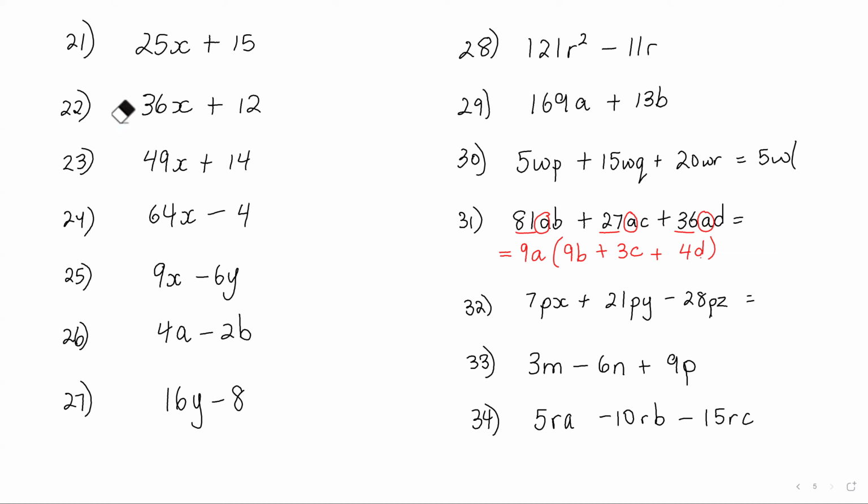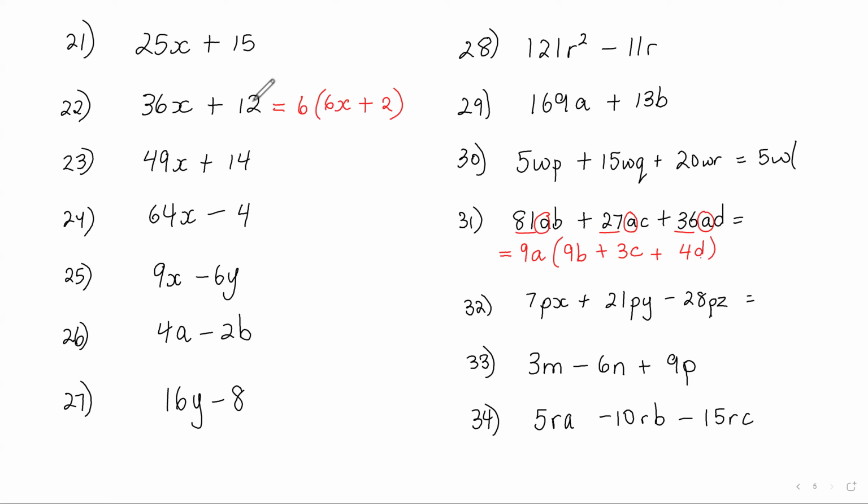Now, the reason you use the highest common factor is, if I were to just use 6, for example, because 6 is a common factor of 36 and 12, since 6 can go into both 36 and 12, right? If I had used 6 to factorize, 6 will go on the outside, and then 6 times 6x gives me 36x, and 6 times 2 gives me 12.